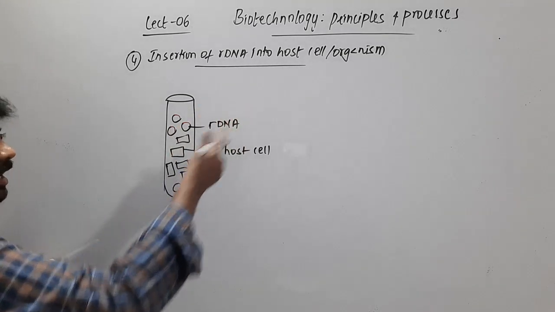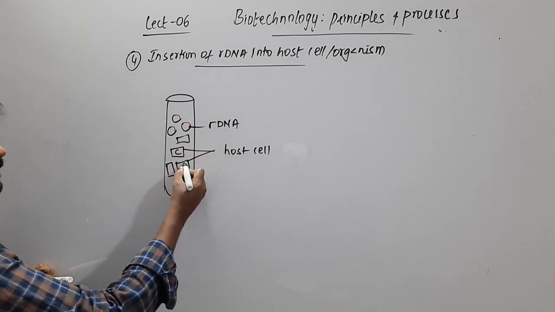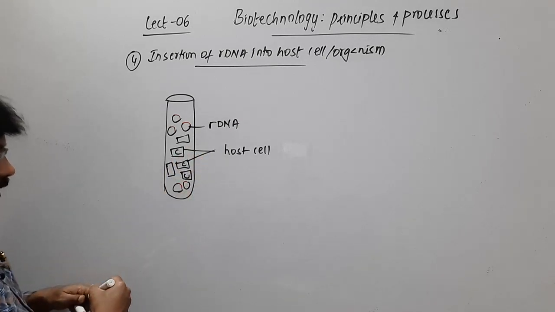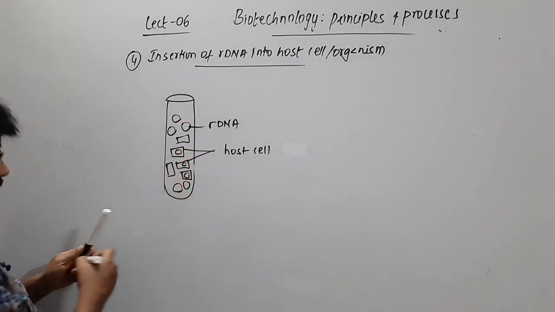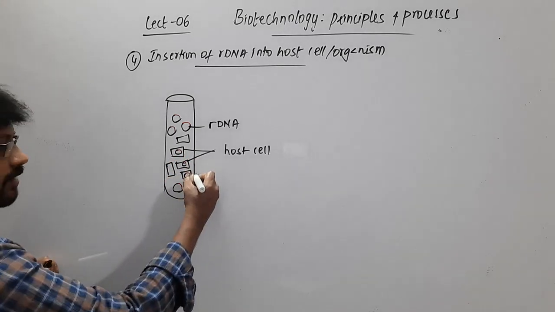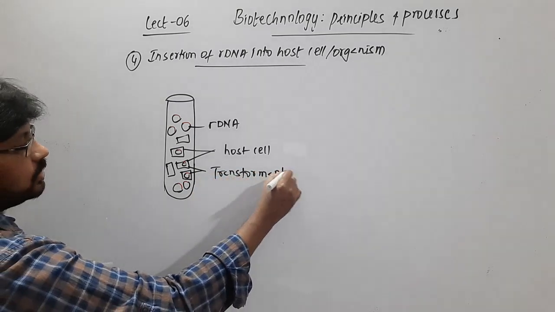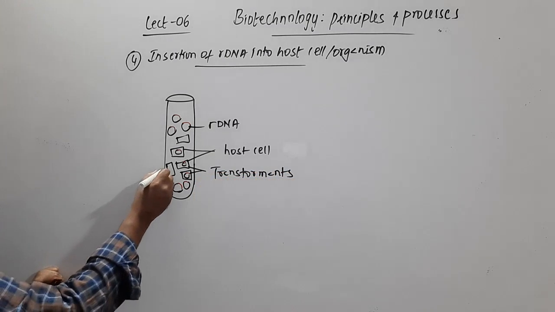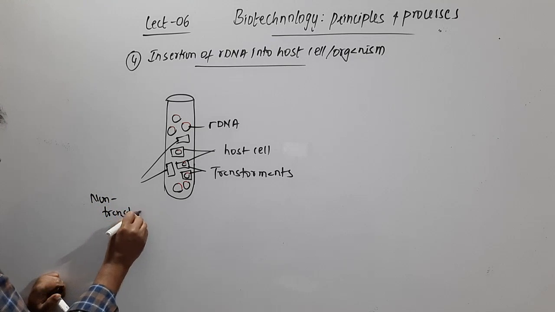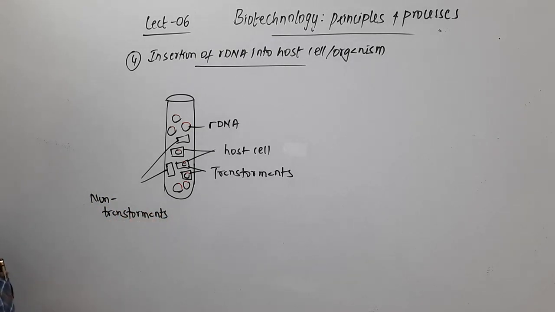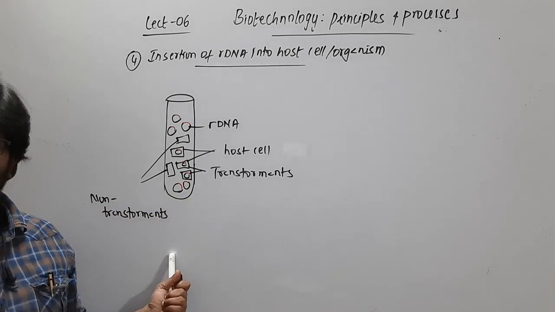Now, after those methods, if these host cells take up the rDNAs, these host cells who have taken the rDNA, as I told, are called the transformants, and the ones who did not take it are the non-transformants. And of course, earlier I told you how to identify the transformants and non-transformants.